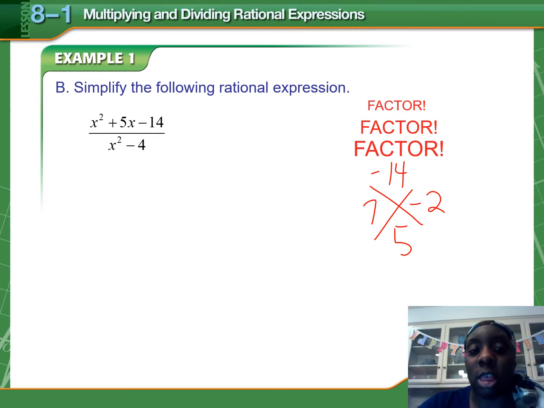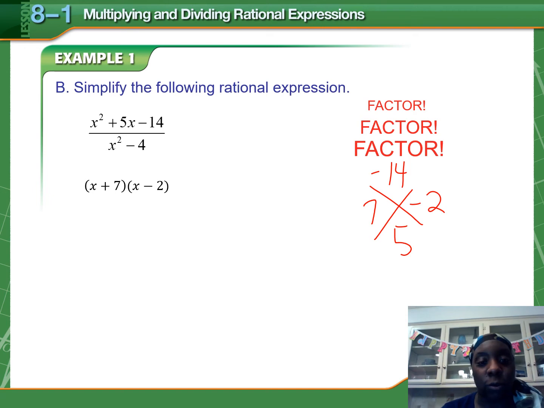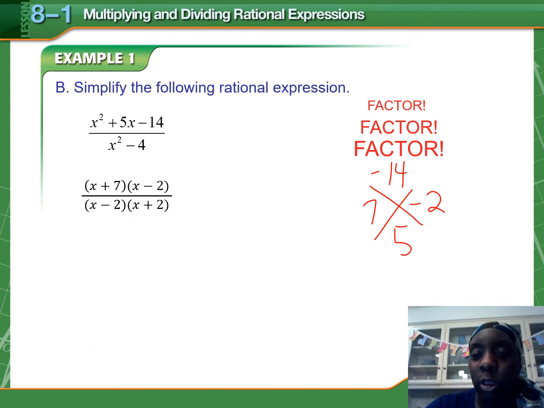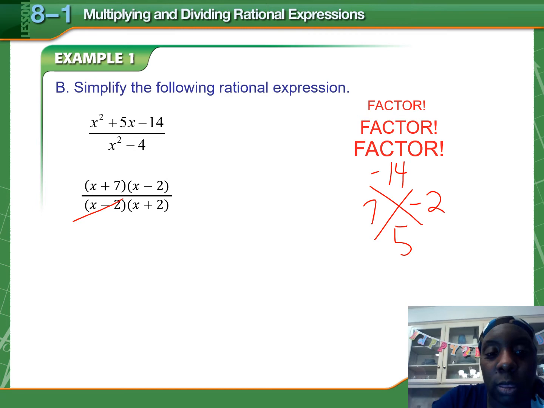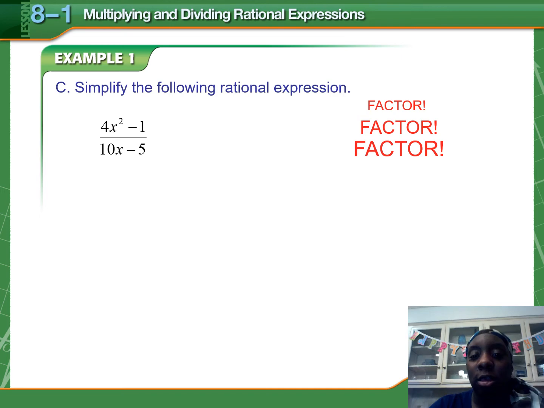So since my a, or the coefficient of x squared, is 1, we can just go straight to the parentheses and don't have to group. So we have x plus 7, x minus 2 over x minus 2 and x plus 2. When we factor, we can simplify; x minus 2 and x minus 2 will turn into 1. And what's left over is that. Simple. So you guys try C.